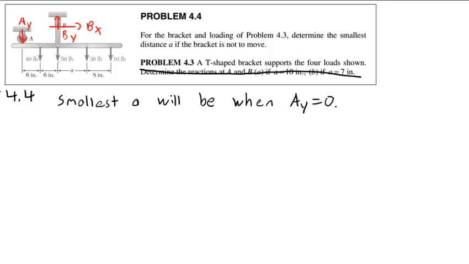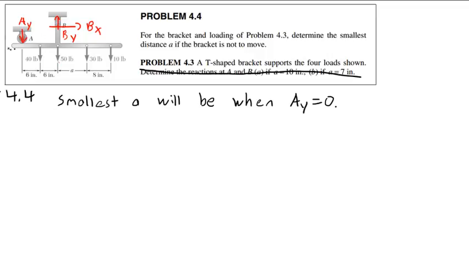If this could actually apply an upward force, then I could just make A equal to 0. It could just keep this thing from rotating in the other direction. But because it can't, the smallest A will be where this is 0. This way I don't have to solve for a bunch of less than or equal to's. I can just say the smallest will be when Ay is 0.